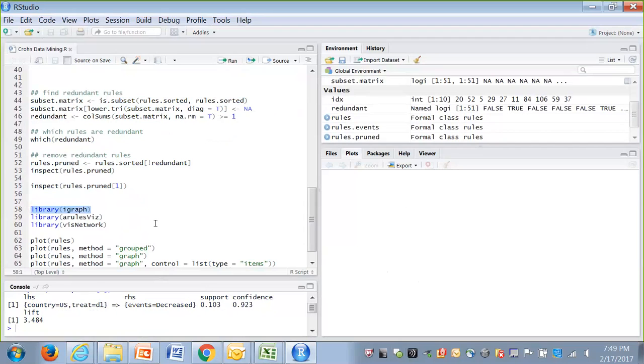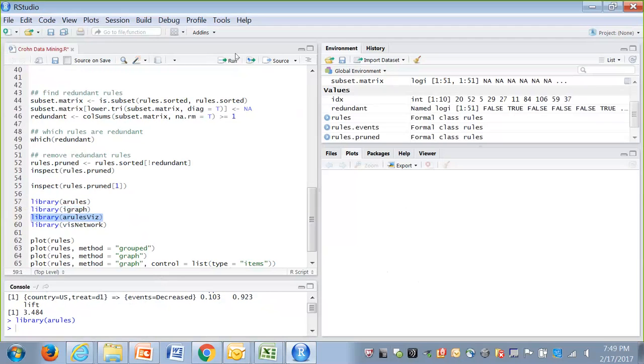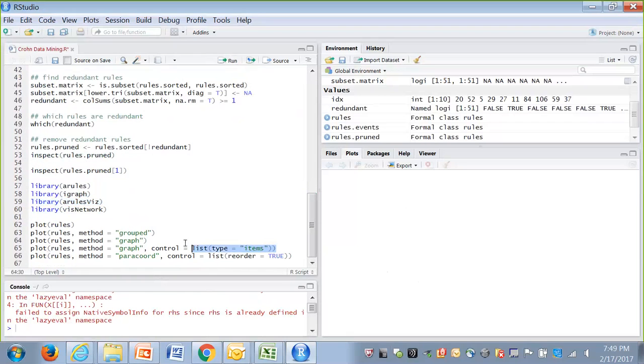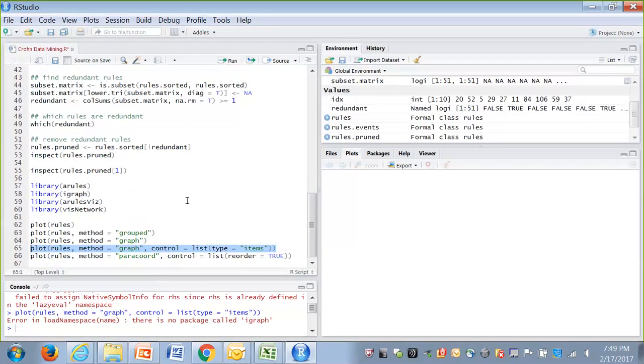I'm missing something. All right, I think I should be able to graph this now.